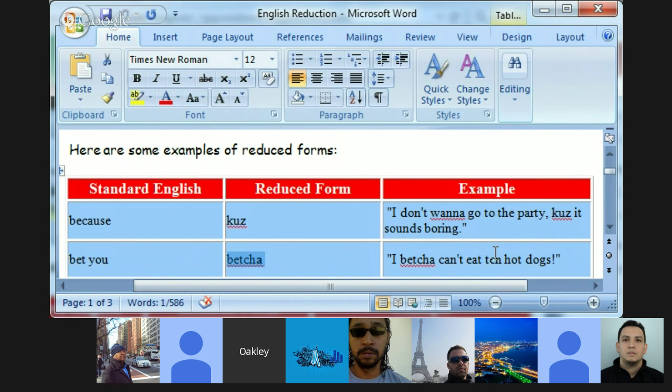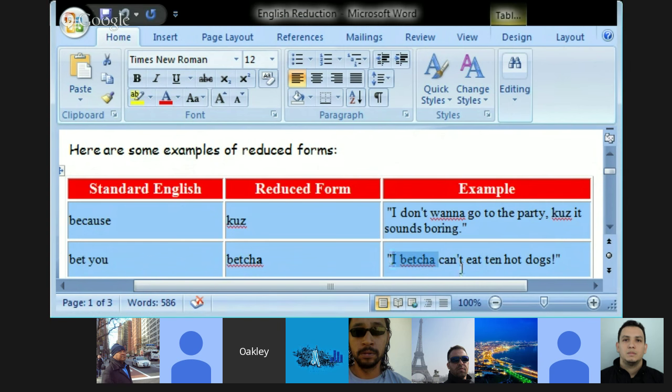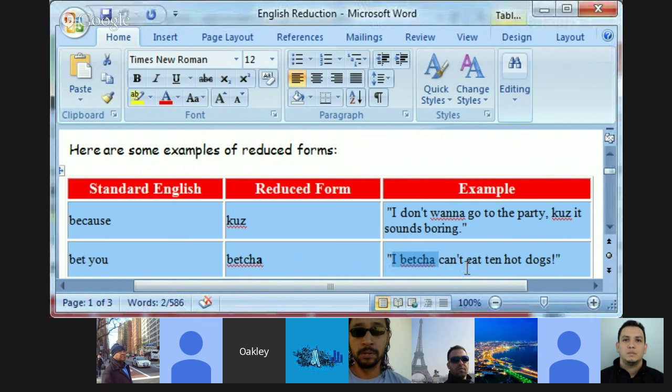Look at this. This example is very interesting because we're greatly reducing the front end, but then after we have the negative contraction, which is usually stressed, a verb. Main verbs are always stressed.